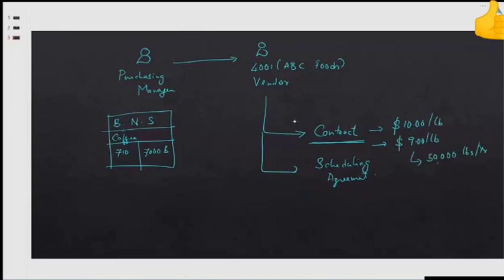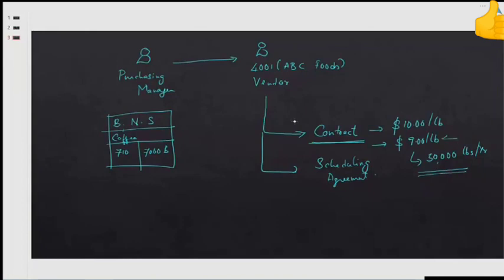Simple enough, right? This is typically a win-win for both. The vendor gets a consistent high volume, and I'm not going to go to 4002, which is XYZ Foods, because I committed to 50,000 pounds per year of purchases from this vendor.